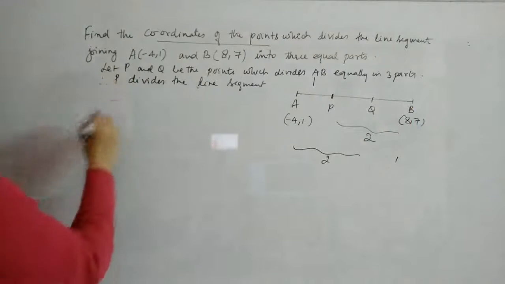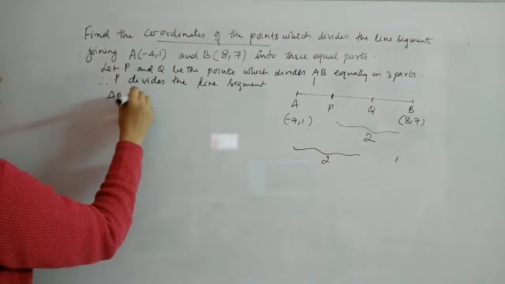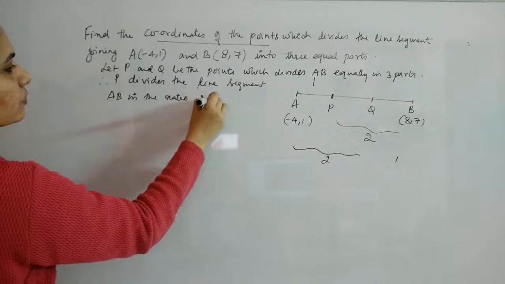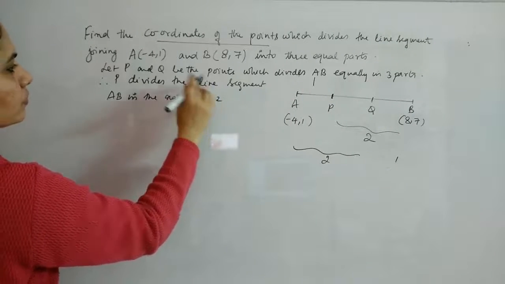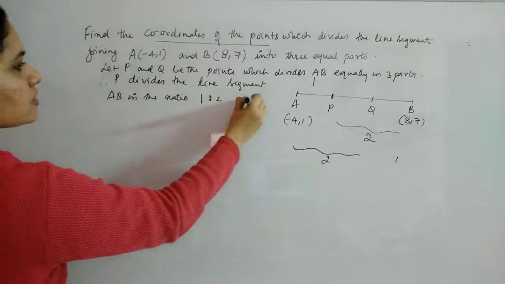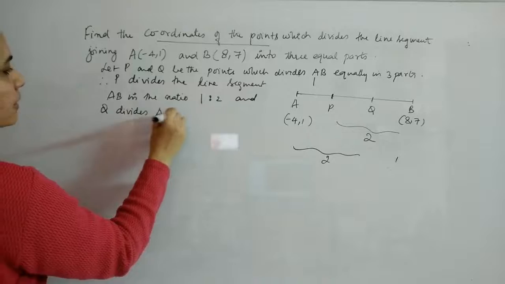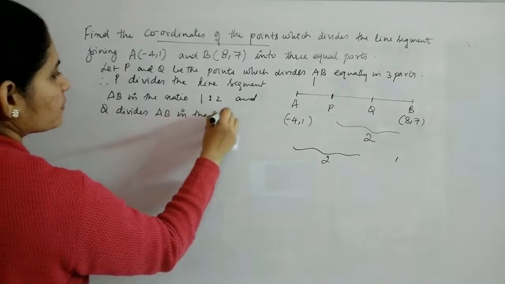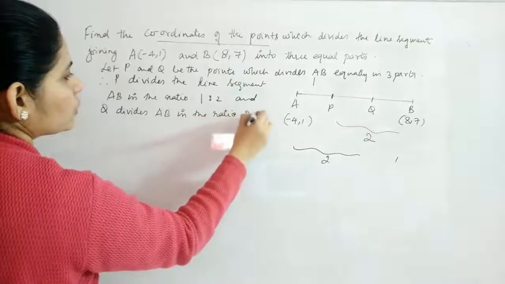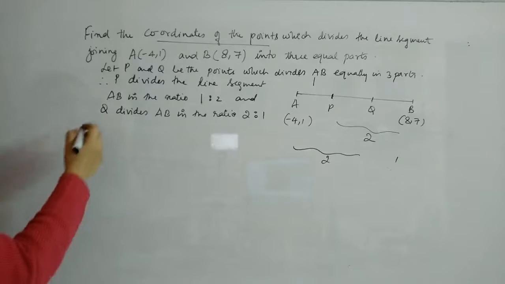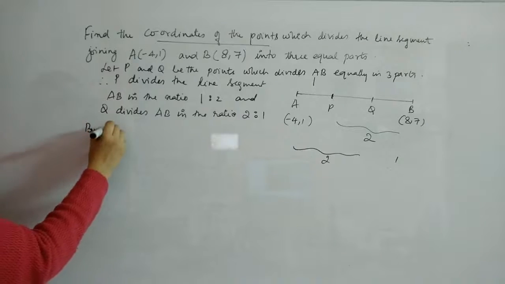Therefore, P divides the line segment AB in the ratio 1:2. And Q divides AB in the ratio 2:1. So you have to find out what is P using the section formula.